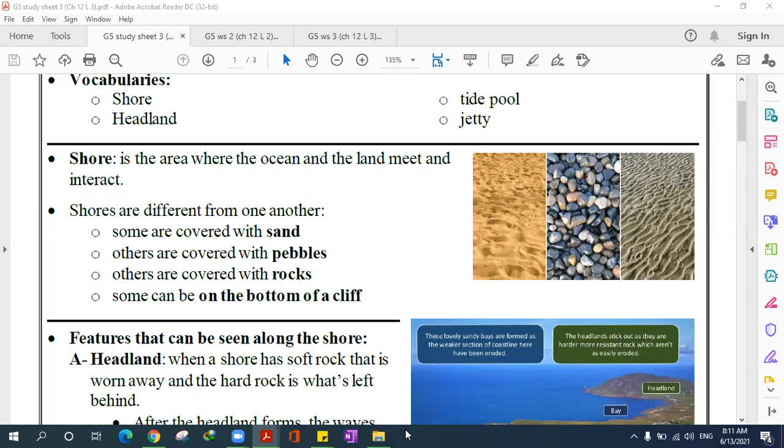Yes, there is a shore covered with black sand. You can also find them covered with rocks or big ones. So there are different forms of the shore, but all of them still mean the same thing: when the ocean meets with the land.